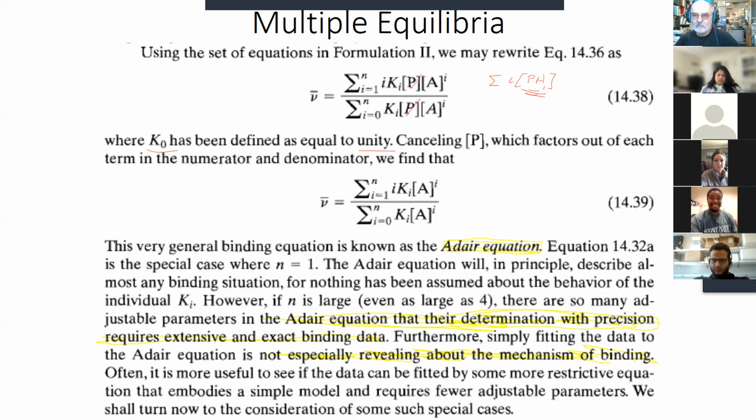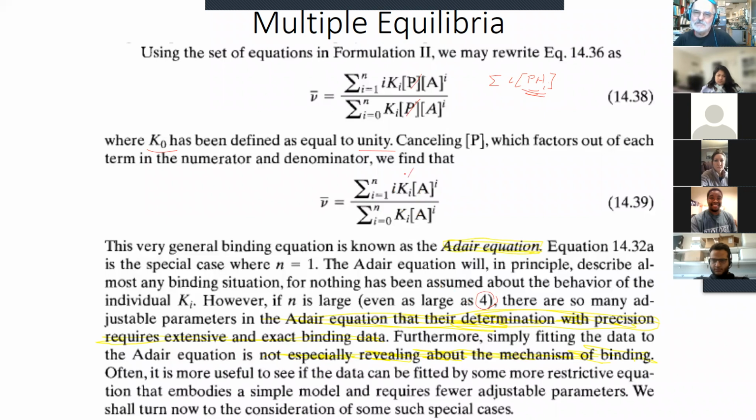So this is general in the sense that we haven't put any restrictions on it. We've simply said that you can have as many as n ligands bound. When this was derived, Adair was working on hemoglobin, so he did it for four ligands because hemoglobin's a tetramer. But nonetheless, it's basically the general equation.